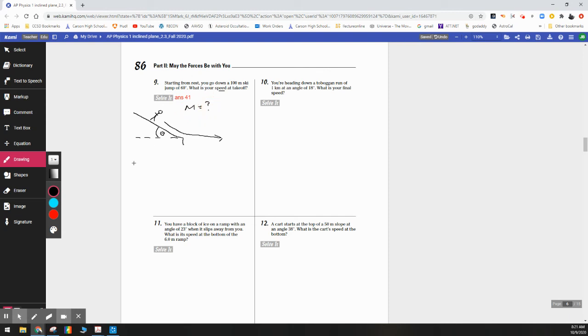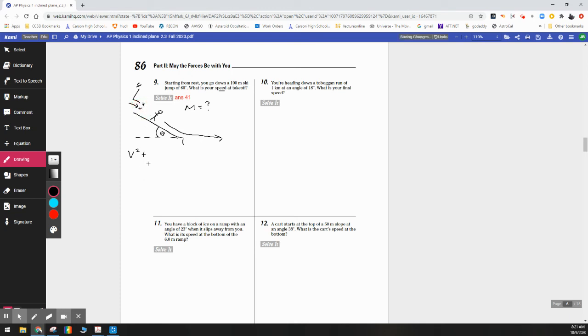Okay. So first thing we need to do, so speed. There's no time given anywhere. So that means that we have to use v squared. Now our reference, okay, here it is. This is x, and this is y here, okay? Going down the ramp is positive, make sure we have that down.